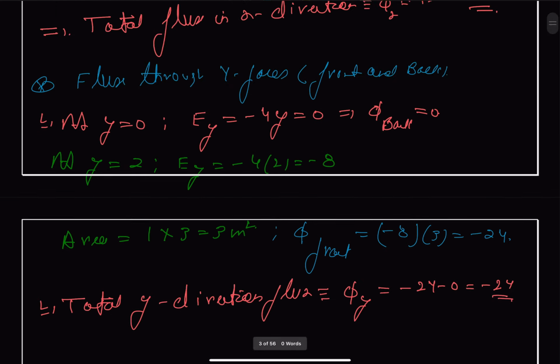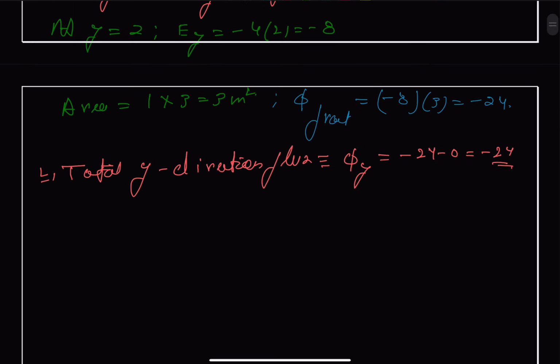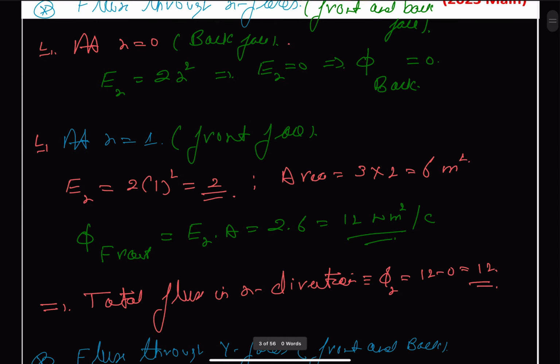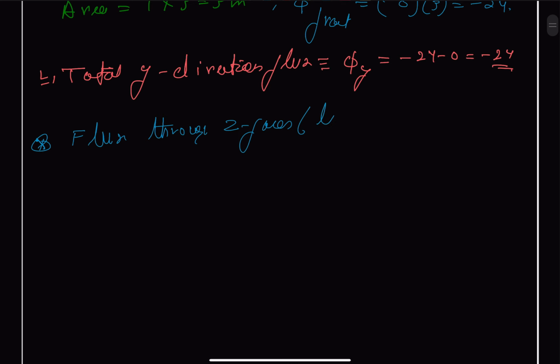Similarly, we find out finally the flux through the z faces, which are our top and bottom. Here E of z is equal to 6.